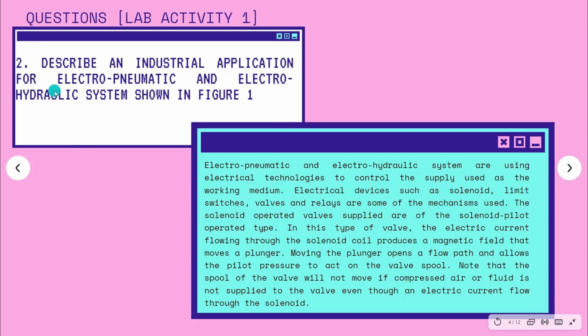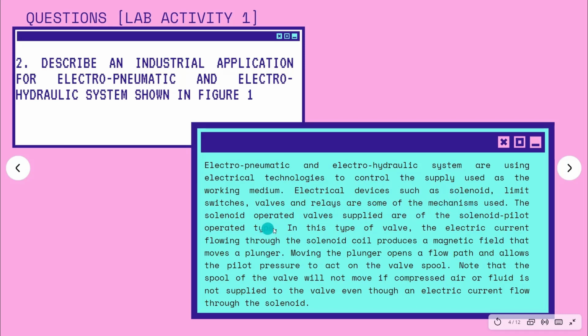Okay, question number 2 is to describe an industrial application for the electro-pneumatic and electro-hydraulic systems shown in Figure 1. Electro-pneumatic and electro-hydraulic systems use electrical technologies to control the supply used as the working medium. Electrical devices such as solenoids, limit switches, valves and relays are some of the mechanisms used.